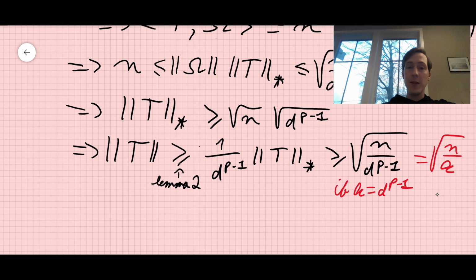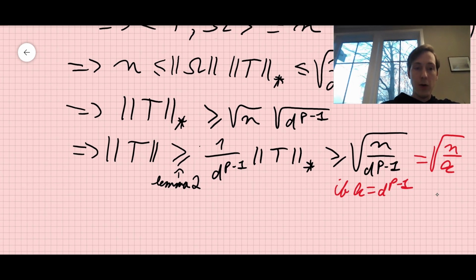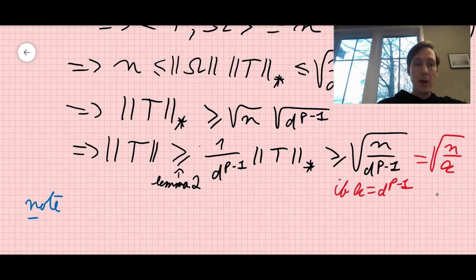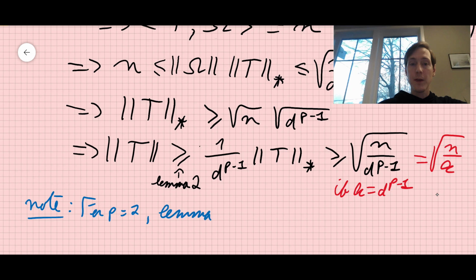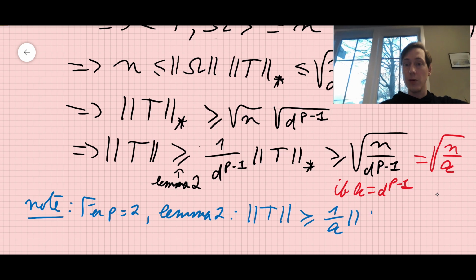And let me just conclude with a remark. For p equals 2, lemma 2 in fact is more precise. You get the operator norm is larger than 1 over k times the dual operator norm.